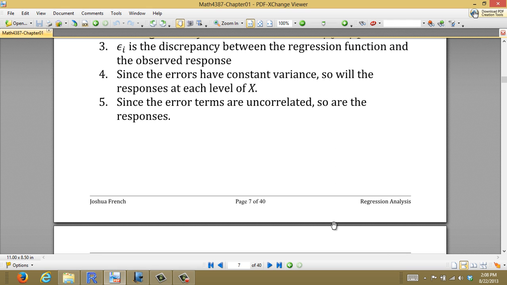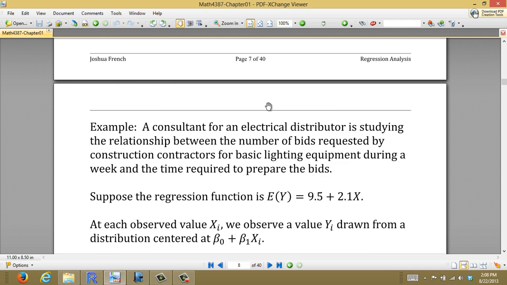A couple of other things you should be aware of: since the errors have constant variance, so will the responses at each level of x, which means that when you're looking at the errors in a plot, for example, the variability around your regression line should be pretty much constant. Additionally, since the epsilon i's are uncorrelated, so are the responses. So there's not going to be any correlation between the different responses.